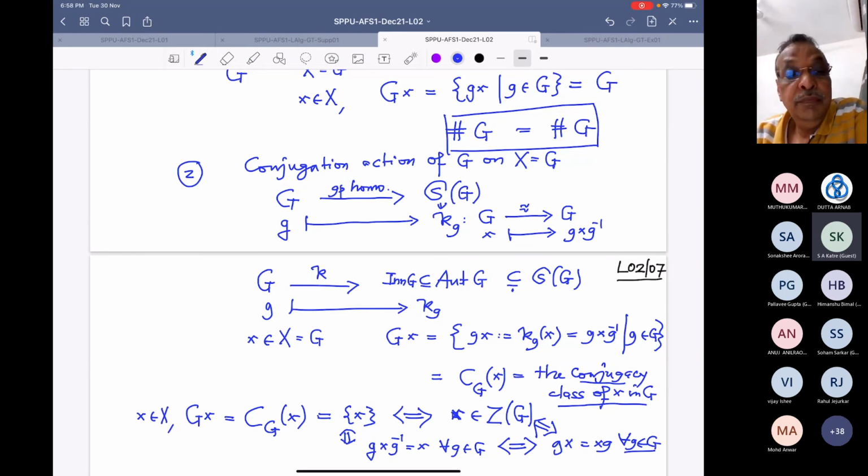Class equation. What class equation do we get then?